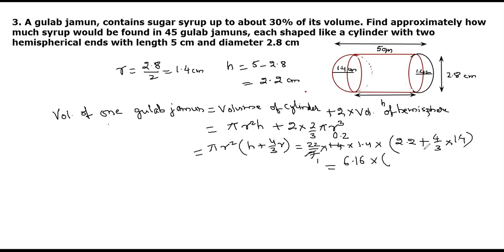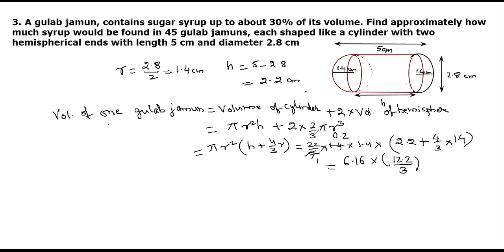So if you multiply 4 into 1.4, it becomes 5.6, and 3 multiplied with 22, so 3 to the 6, 6.6 plus 6.6, 5.6 plus 6.6, 12.2, 12 point in numerator, you get that 12.2 divided by 3. Okay, so this is your answer.